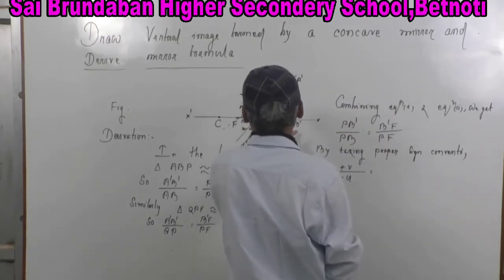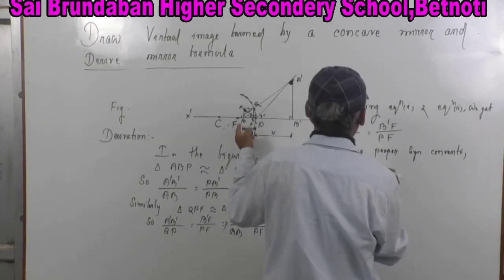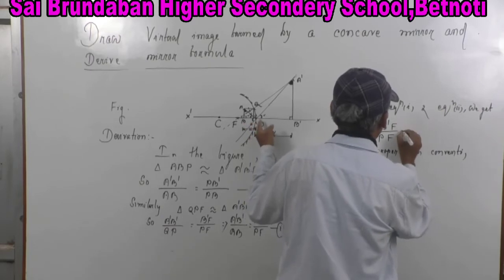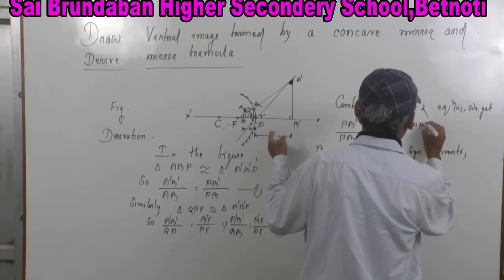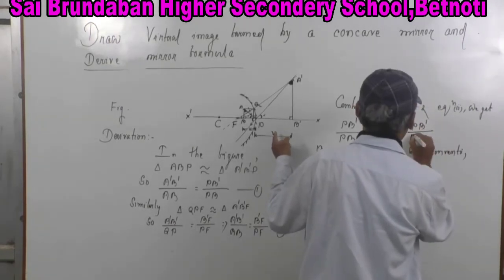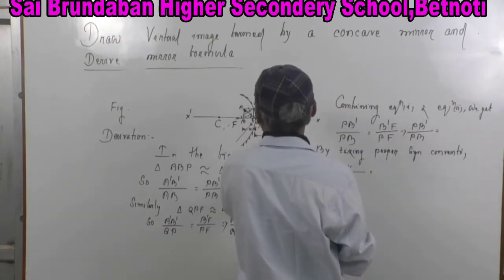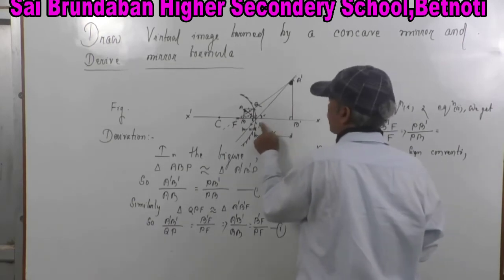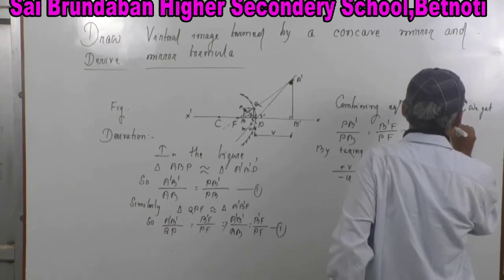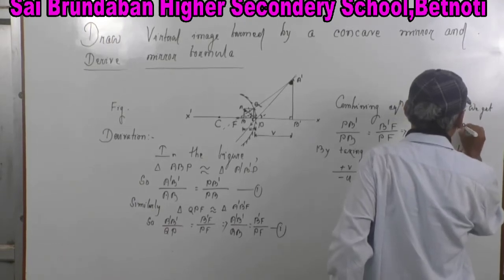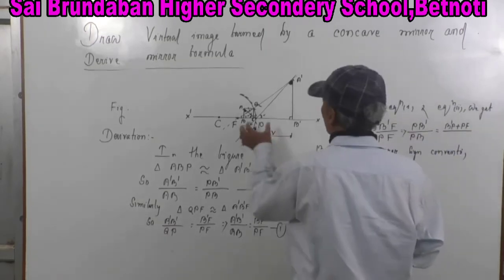Implies PB dash by PB is equal to B dash F by PF, meaning B dash P plus PF, whole divided by PB.